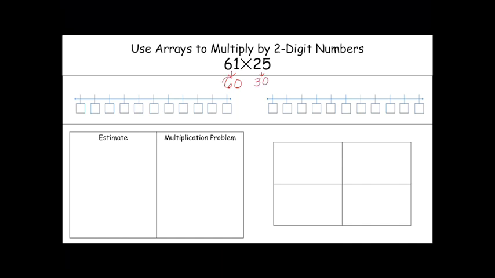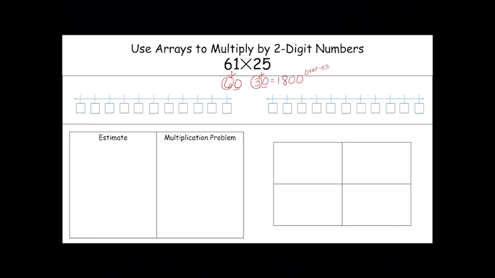I look for my basic fact, which is 6 times 3 equals 18. There are 2 zeros in my factors, so there should be 2 zeros in my product. Since I overestimated here and here, I know that this is actually an overestimate.